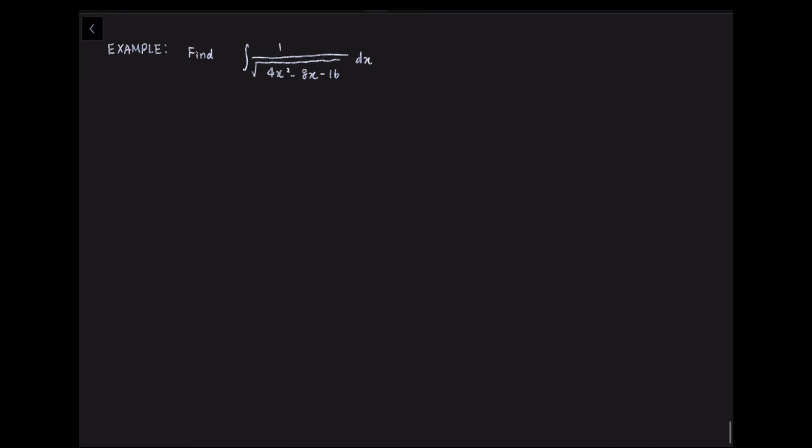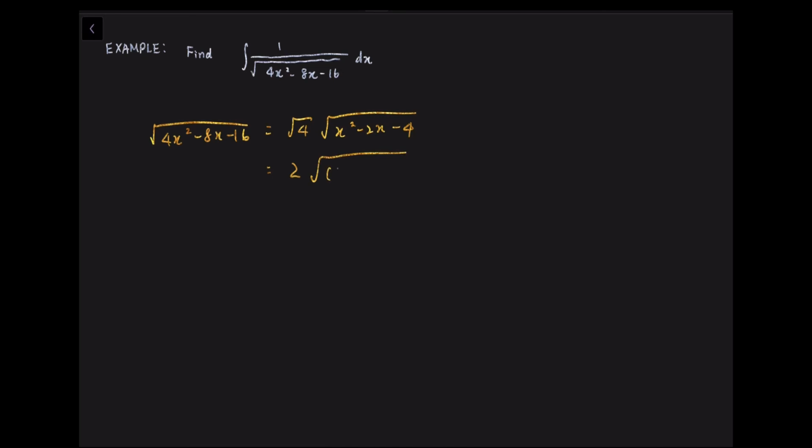Next, we want to find the integral of 1 over the square root of 4x squared minus 8x minus 16. Before integrating, we must complete the square as with inverse trigonometric functions and reduce the coefficient of x squared to unity.